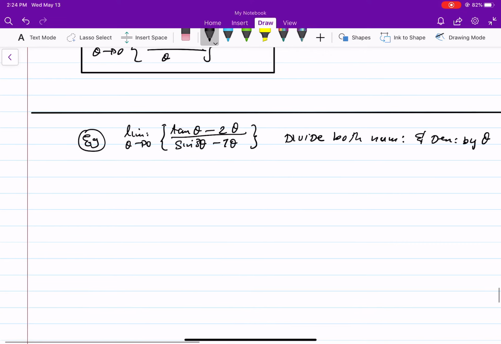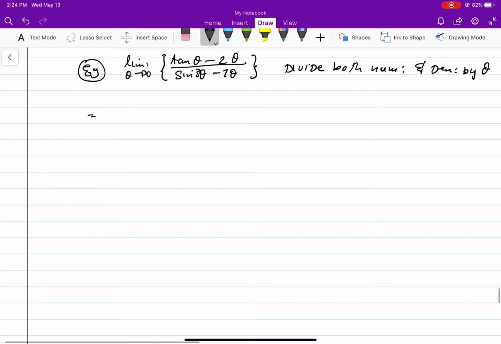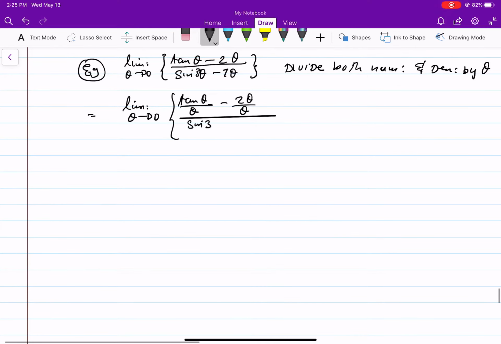If I did that, this becomes the limit as theta approaches 0 of tan theta over theta minus 2 theta over theta, all upon sine 3 theta over theta minus 7 theta over theta.